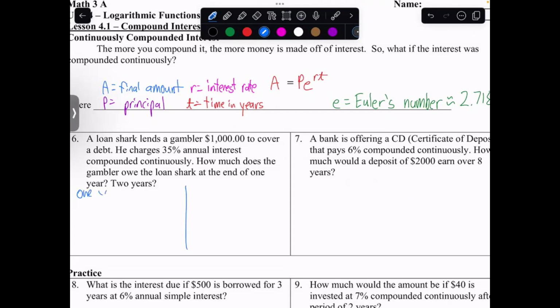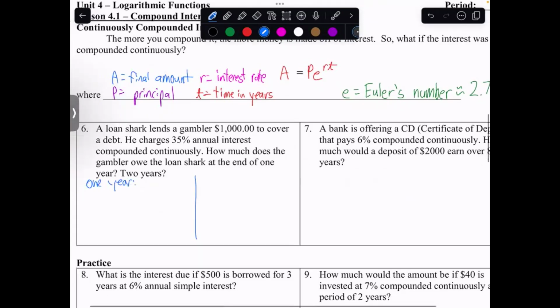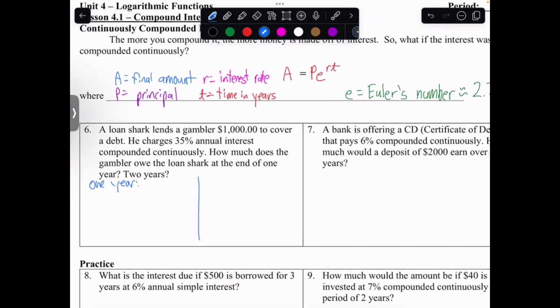Okay, so first, 1 year. We don't know the total amount, that's the unknown. The principal, the initial amount, is $1,000. E, remember, is just e.